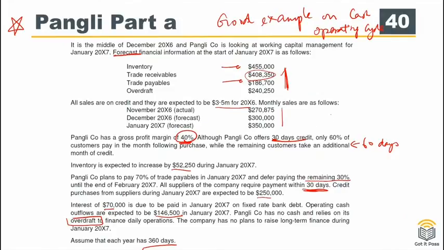So for example, in January, some customers from December will settle their due amount, and don't forget November, because 40% enjoy 60 days credit. So for those November sales, 40% of them are paid in January, and for December, 60% of them are paid in January.